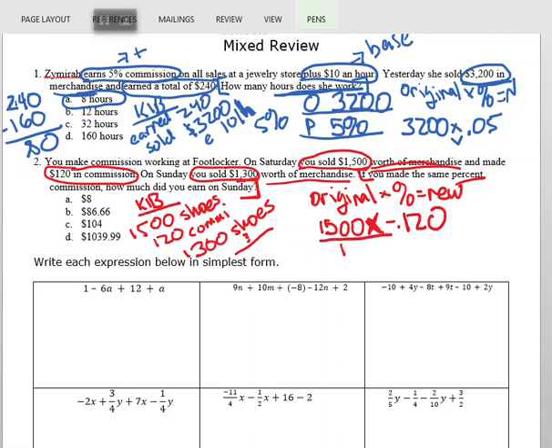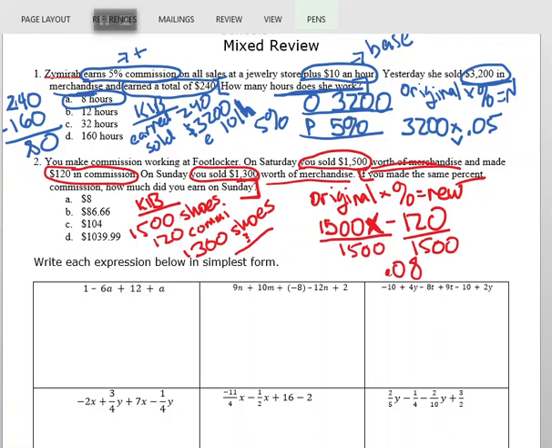I'll divide both sides by 1,500, and that should give me my percent commission. Okay, and so I got 0.08. And somebody here thinks that I might just go ahead and circle A because I think I should be done with this problem by now. And I'll just be like, you know what? It's probably just $8. But I'm not done.